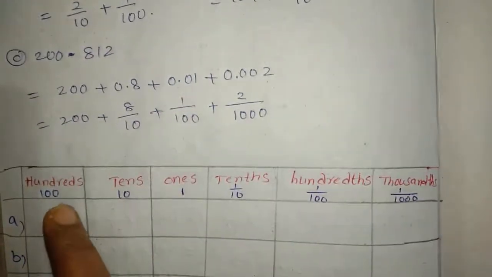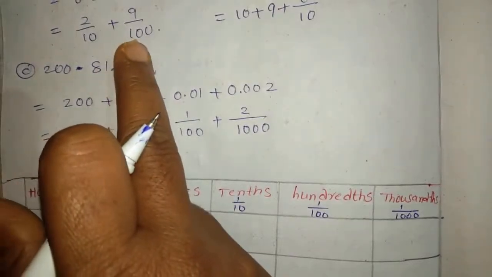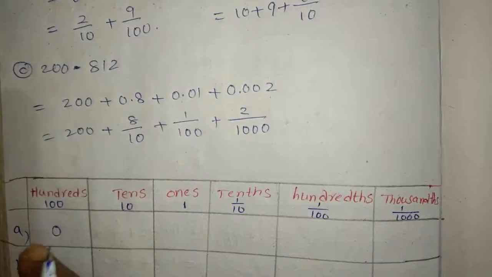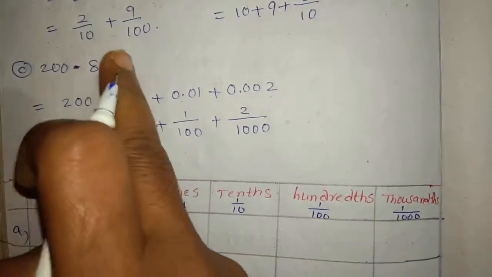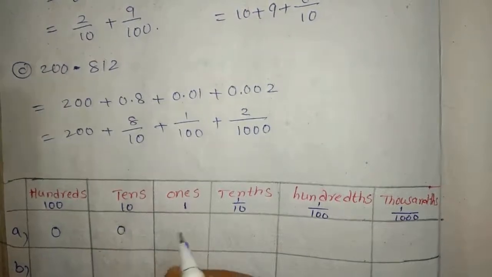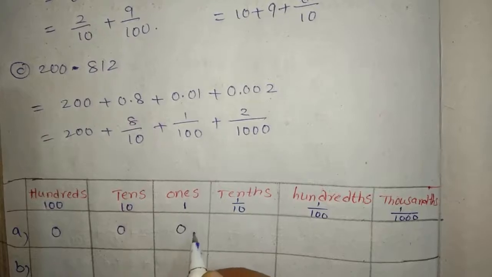Is there a hundreds place here? No. So, we write 0 in A. Tens is not there, so here we write 0. Ones is also not there, so we write 0 in this ones place.